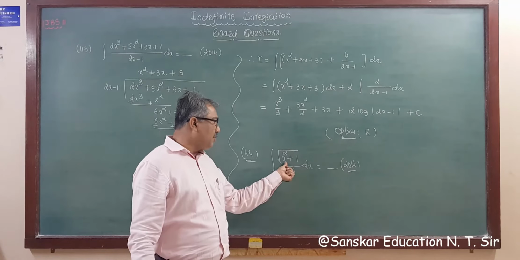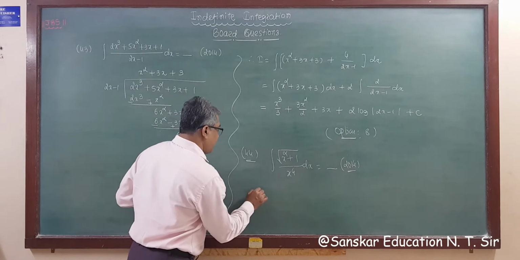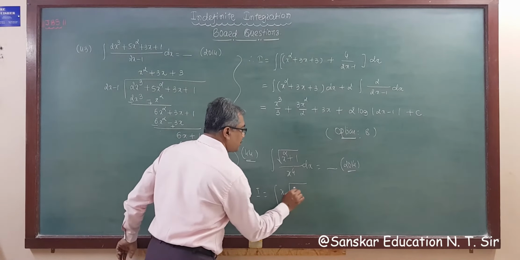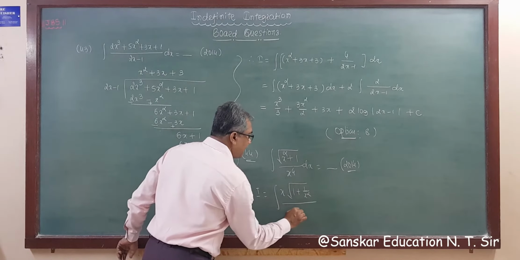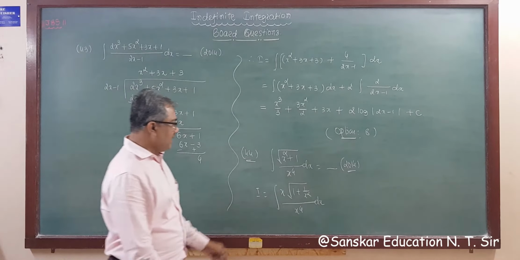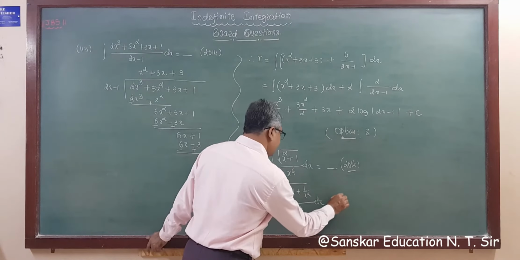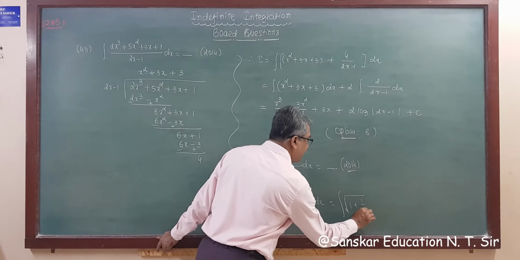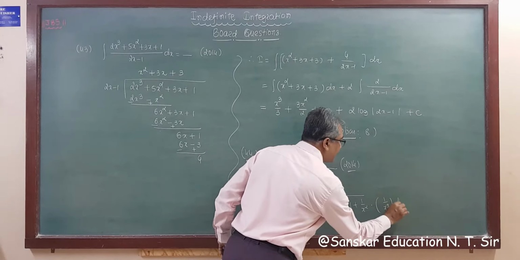So taking x square common, I is equal to the integration of x outside, and root of 1 plus 1 upon x square, whole upon x raised to 4, dx. So this is the integration of the square root of 1 plus 1 upon x square into 1 upon x cube dx.